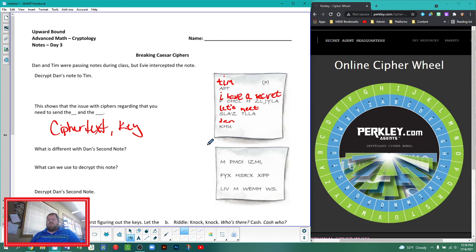So then there's a second note. But we notice that it's missing something. It's missing the key. It doesn't have this 7 up here. So maybe they used a 7, which is what I have on this wheel right now. But when we look at that, the first letter is a one-letter word.